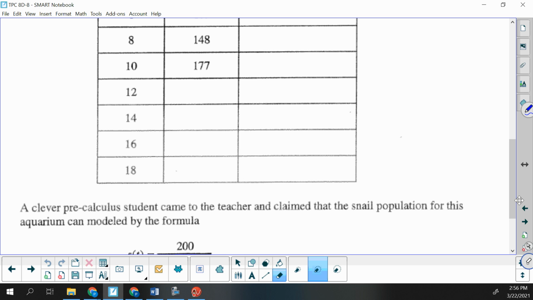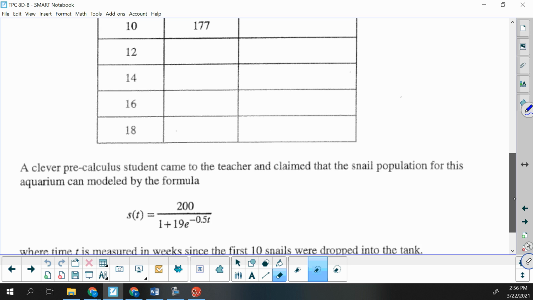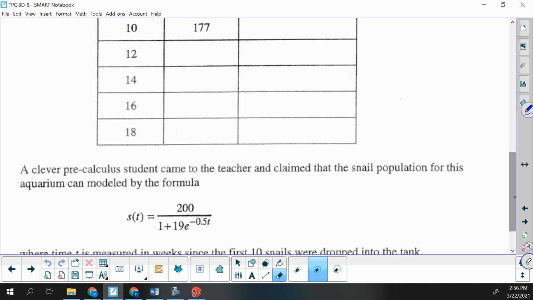So we are going to have you pause the video and sub in. You can do one of two things. You can sub in 12, 14, 16 individually, or you can put this in a graphs page. When you put it in the graphs page, make sure to use your fraction template, and make sure you use X instead of T if you're going to do that.